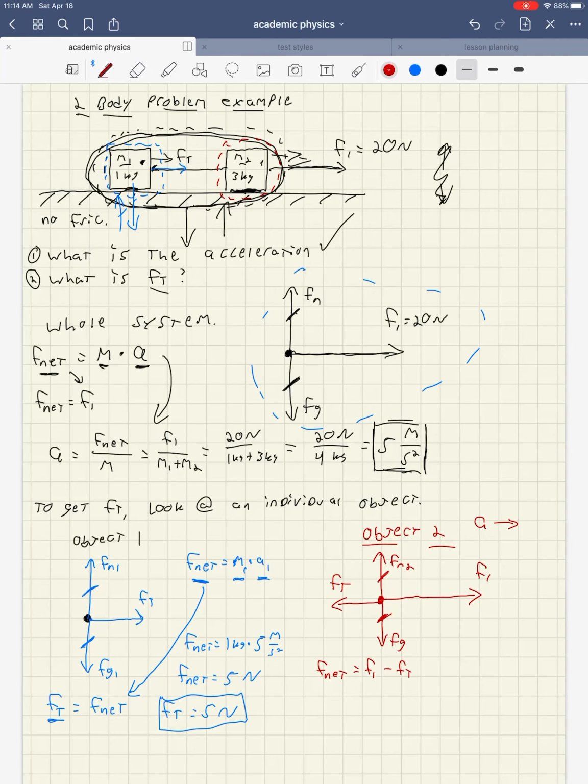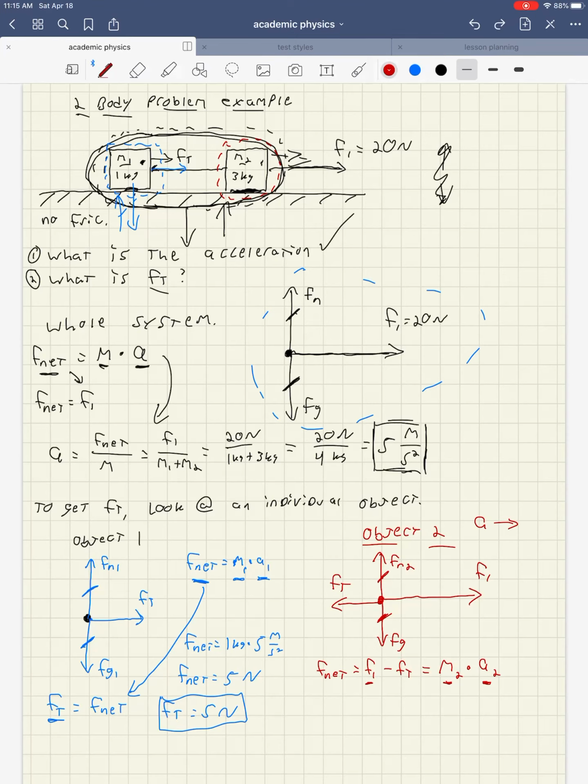Minus because they're going in opposite directions. And remembering Newton's second law, my net force is also equal to my mass times my acceleration. So let's say this is kind of like a checklist. I know what F1 is. I know what my mass is. I know what my acceleration is. So I should be able to solve for Ft now.